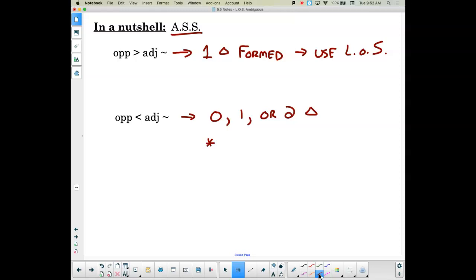If your angle is obtuse, then it's no triangle. And if your angle is acute, you've got to check your H.